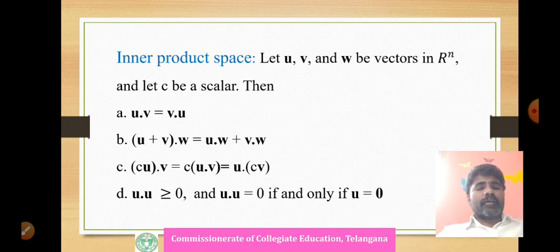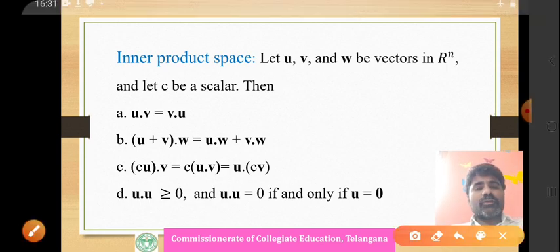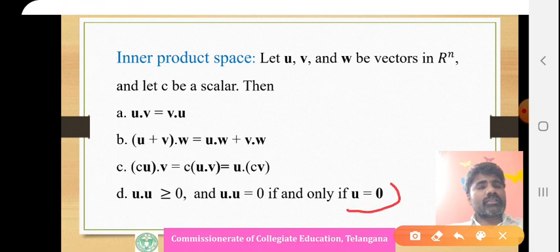Fourth: the inner product of u comma u is always greater than or equal to 0. It is never less than 0. And u dot u is 0 only if u is 0. If u is not 0, then the inner product is always greater than 0.